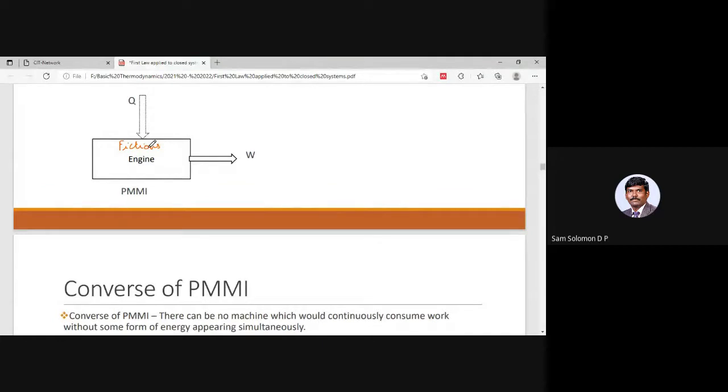The term fictitious comes from the word fiction. Maybe some of you would have watched movies like Star Wars. That is science fiction, which means it is an imaginary story. That which is an imaginary story, we call fiction. So here we have a fictitious engine.